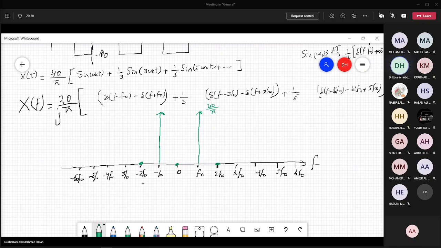So at 3, it is 20 pi divided by 3, which is this one. So if you name this as, for example, any value, gamma, so then here you will get gamma divided by 3. Similarly, at minus 3.